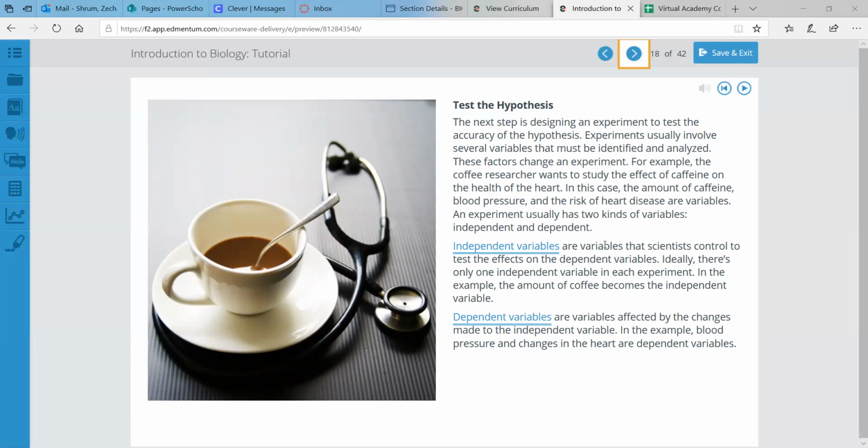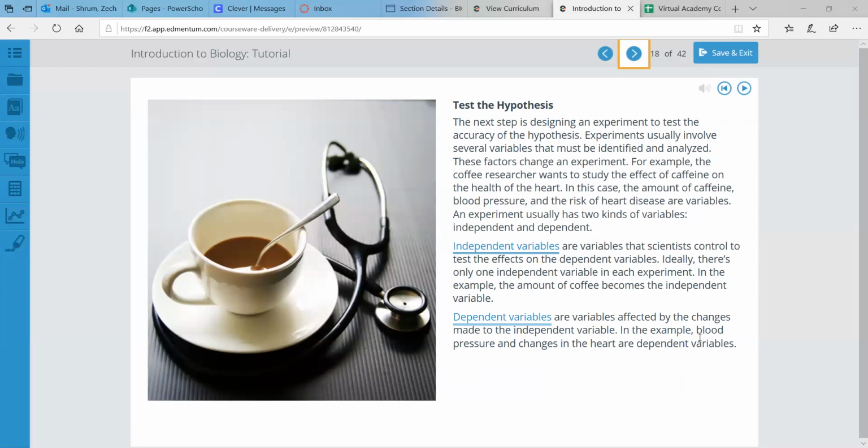So if they're independent, this is the variable that scientists control. And this is the one they're interested in seeing what it does in the experiment. There should only be one, ideally, looking only at one variable at a time.